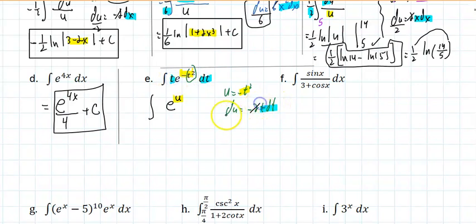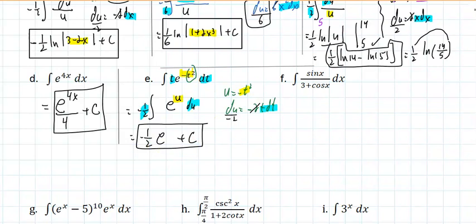That would be du with a negative 1/2. So that is negative 1/2 e to the u plus c. And what's u? u is negative t squared. There it is.